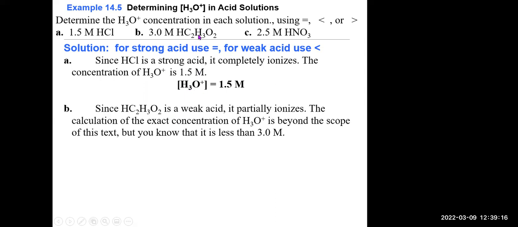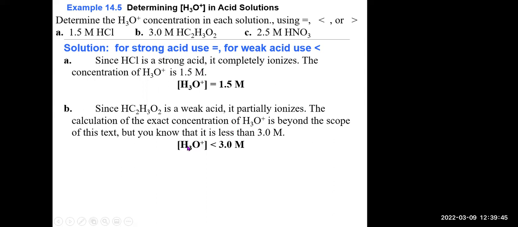For the second one, this is a way of writing acetic acid. We know acetic acid is a weak acid, so it's partially ionized. The calculation of the exact concentration is not in this class, so we will not do the calculation. But because it's a weak acid, it doesn't give you 100% H+, therefore we say it's less than.